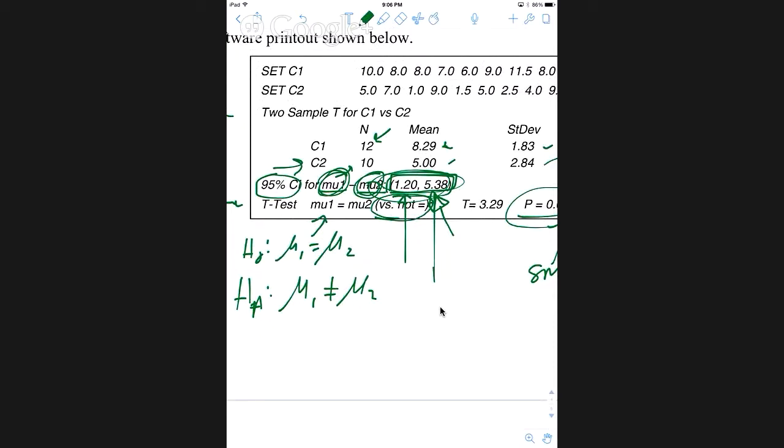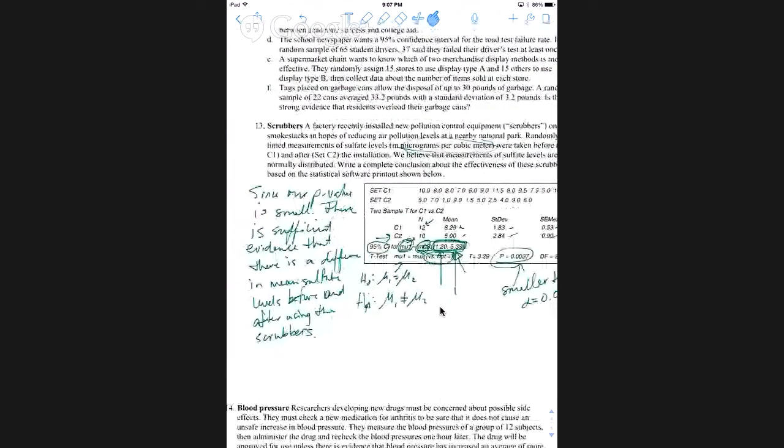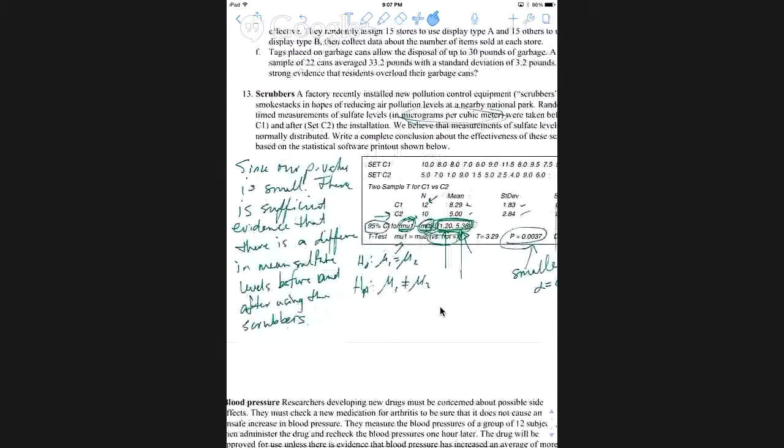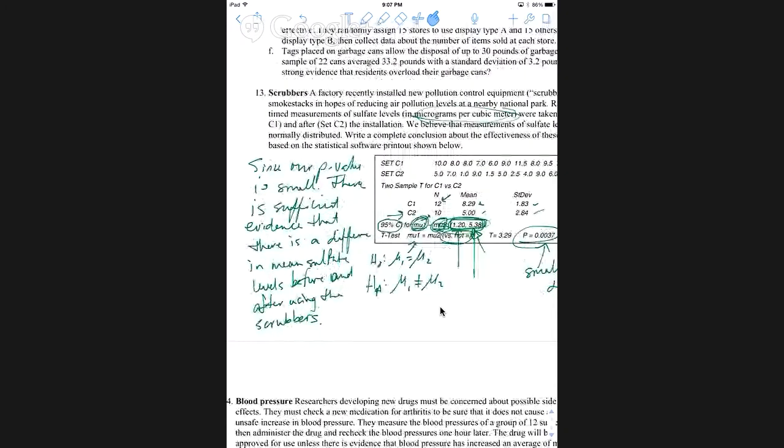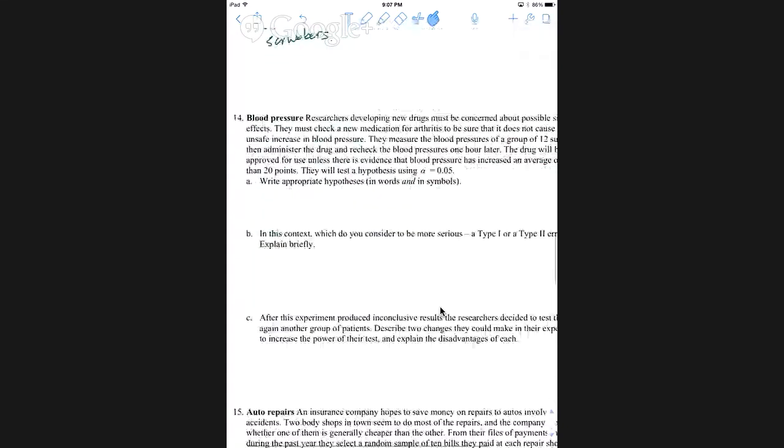It brought it down because this is going to be a smaller value than the original value, which means that the pollution went down by 1.2 micrograms to 5.3 micrograms. Right, so I was kind of reading that incorrectly. You got to make sure you read these guys right here, the mu1 and mu2, and know which one's bigger and which one's smaller.